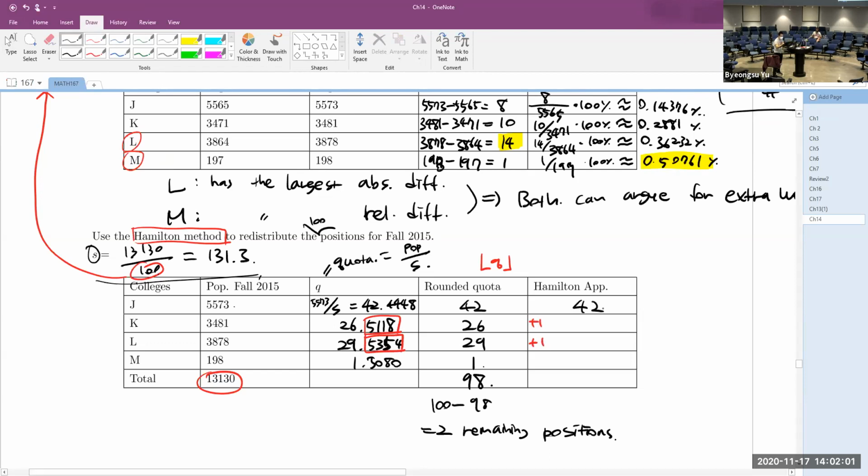So in Hamilton apportionment, you have one more student worker position, and you can distribute this 100 to each college.